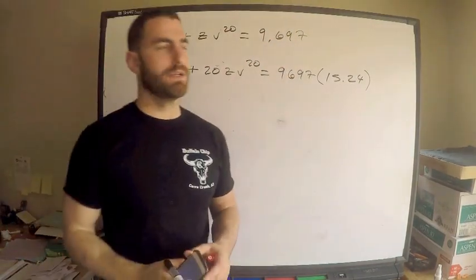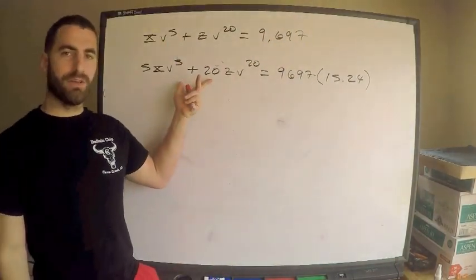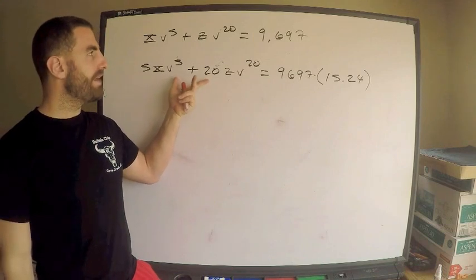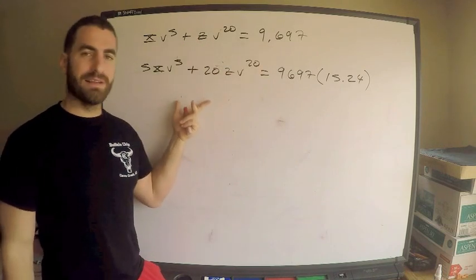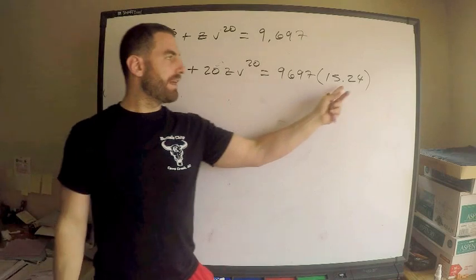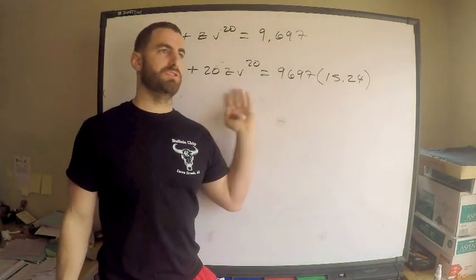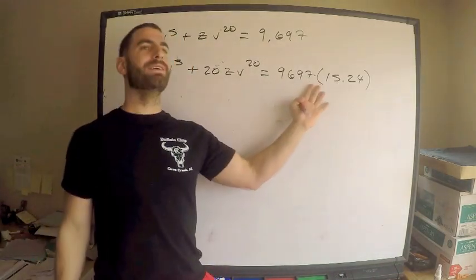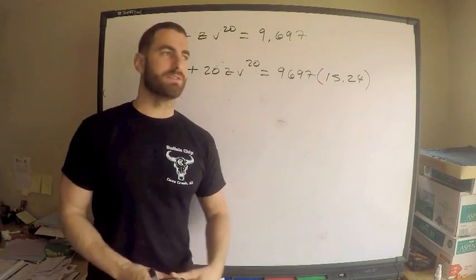Hopefully you know what I did there, right? This is the numerator of the duration of the assets. It was divided by the price. The price was 9697. The duration of the liabilities was 15.24, so just do some algebra. Bring the 9697 over here, multiply them. Now I get two equations, two unknowns.